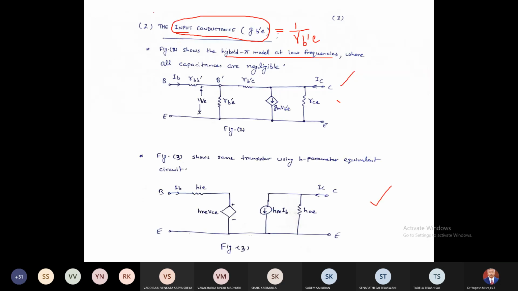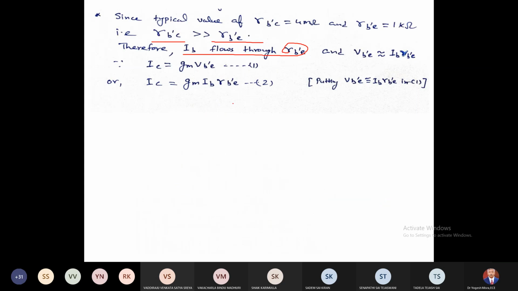So here this will be open circuit because its value is very high. So full IB current will flow through this. So the voltage across this resistor RB'E will be VB'E, right? So I have written here VB'E is IB into RB'E.